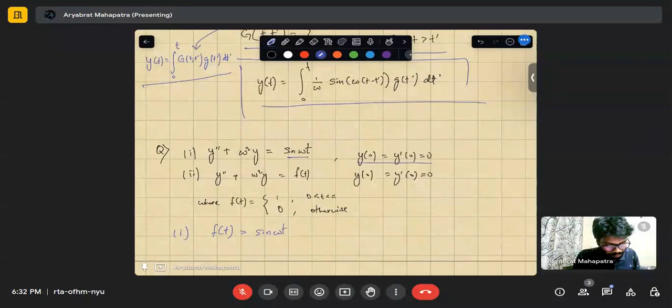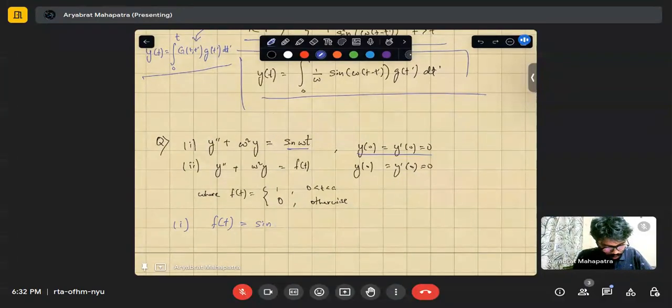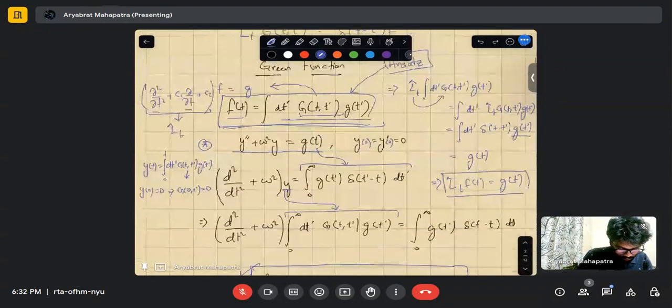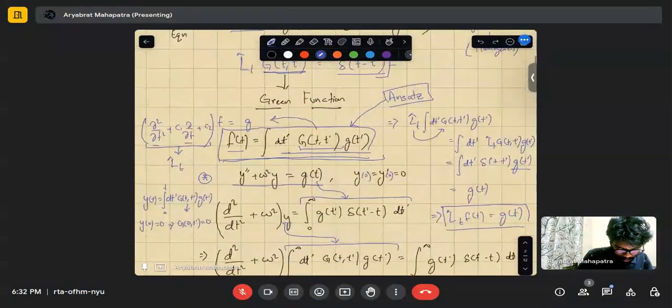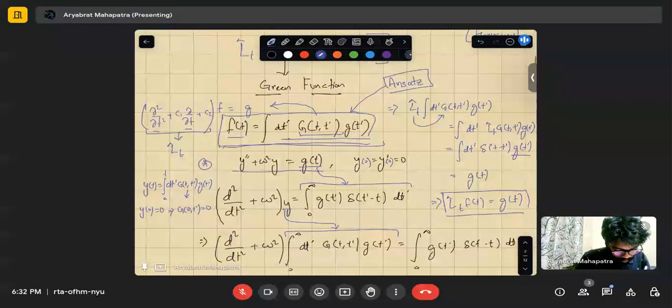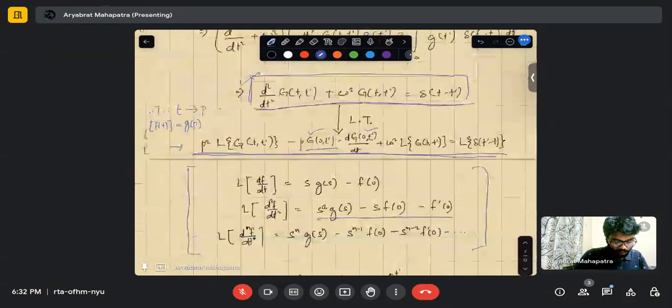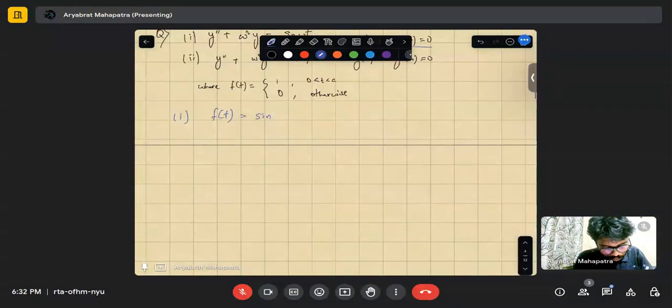This is not f of t, that is basically g of t, I think. So this g of t, we have sine omega t. Initially I kept it as some generic function g of t. Now I am taking this very specific form of that function, that is sine omega t.